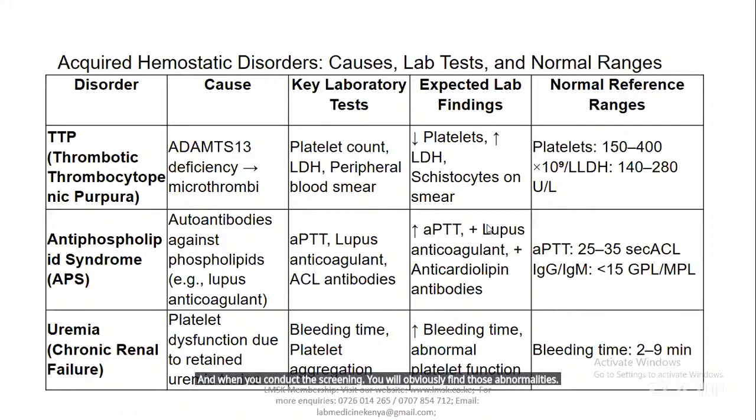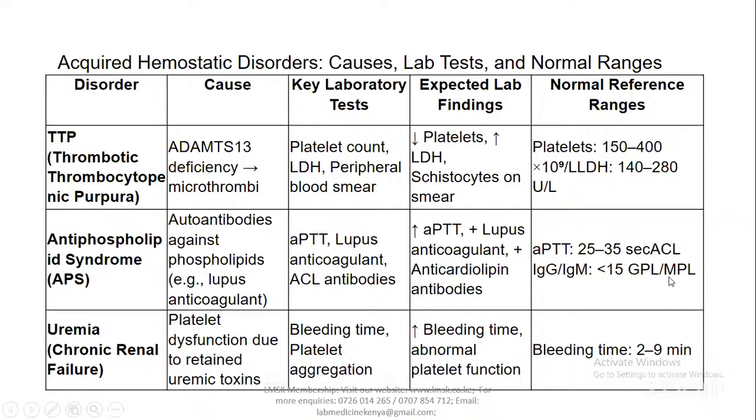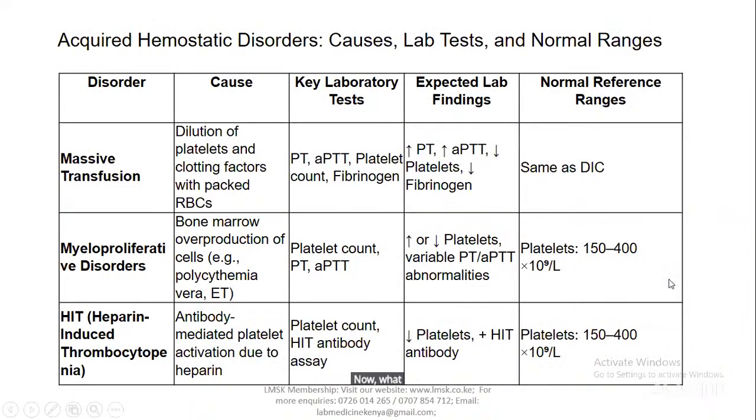Then there is TTP, there is the antiphospholipid syndrome, and there is also uremia, which is as a result of chronic kidney failure. Now, what is TTP? Okay, let's continue.